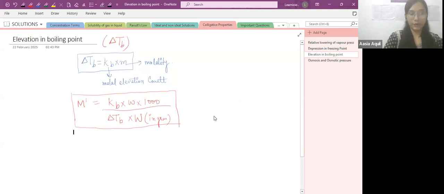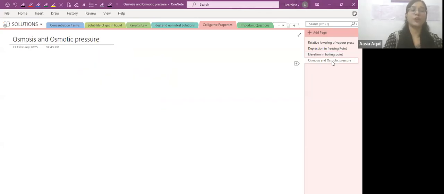So these are very important formulas. Next is your osmosis and osmotic pressure. So what is osmosis? Anyone? Osmosis? When the solute particles move from higher concentrations to lower concentrations.